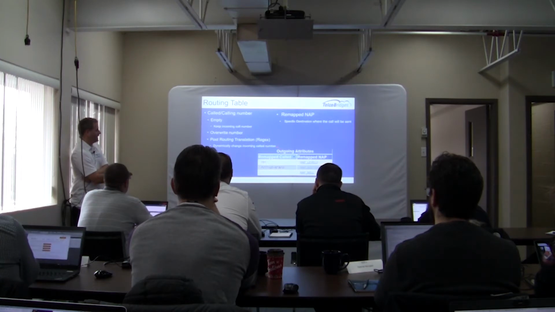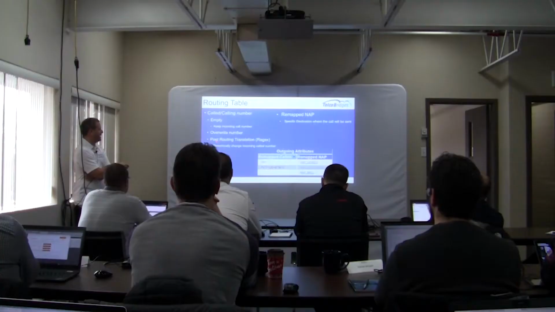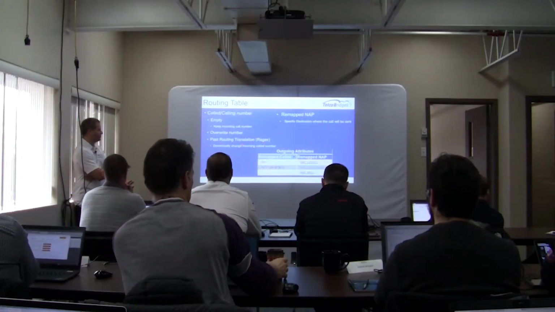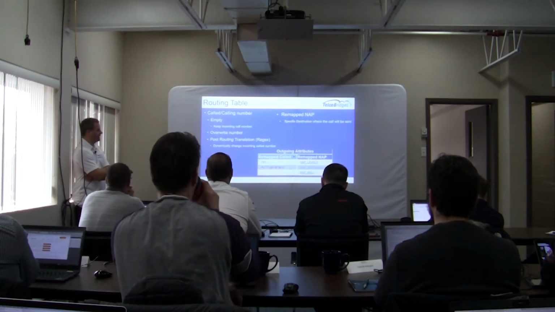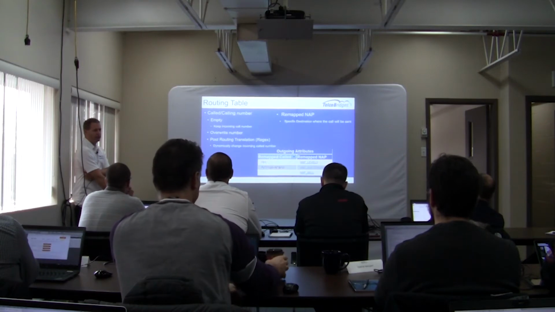Then you have the outgoing attributes: the remap called and remap calling number. If you keep it empty, it's going to keep what you got from the incoming call. If you put a specific number, 781, it's going to remap the number to 781 in this case. And you can have a post-routing translation like this to replace the number. In this case, it's going to remove the 771.